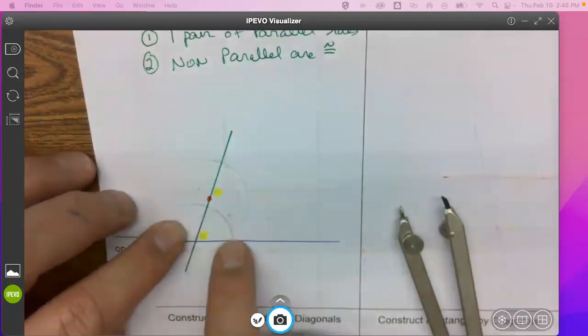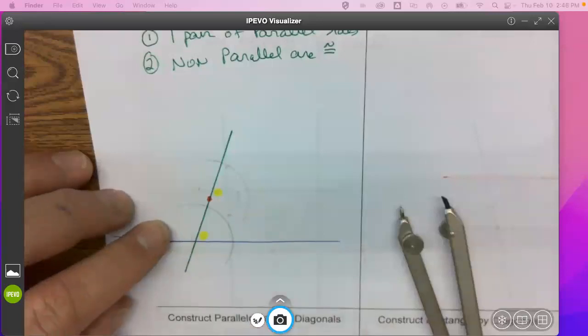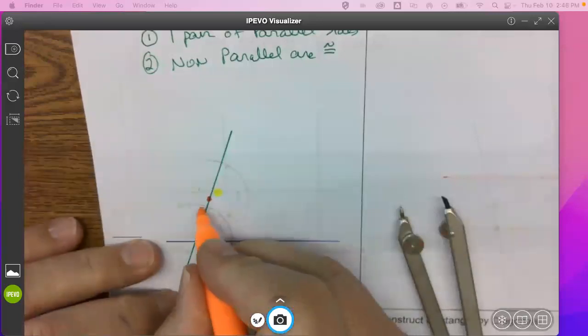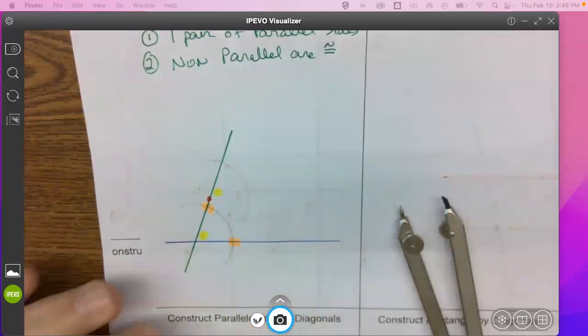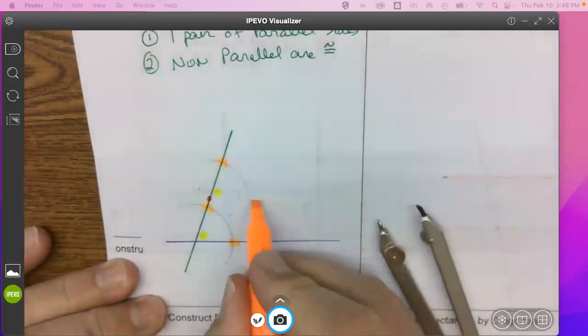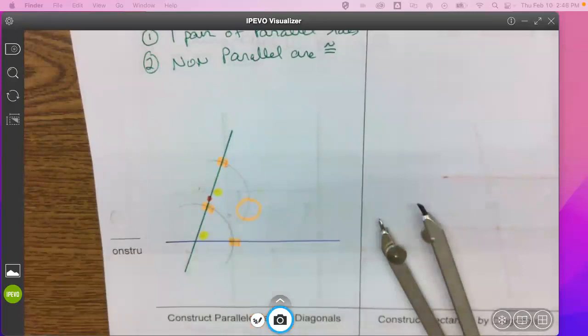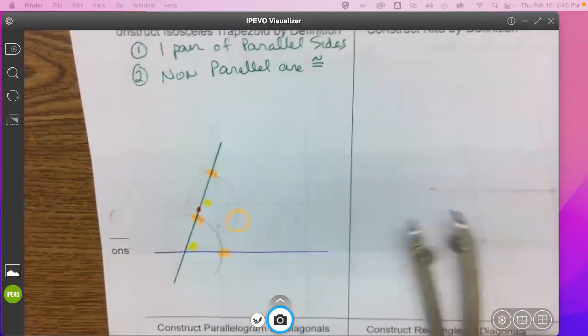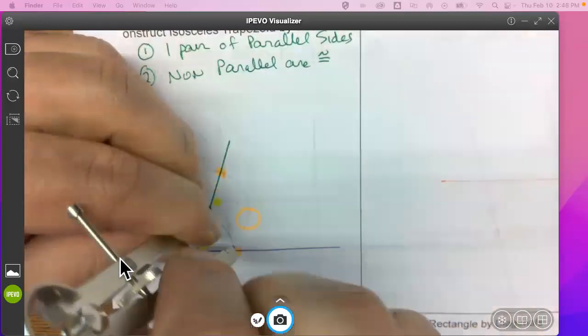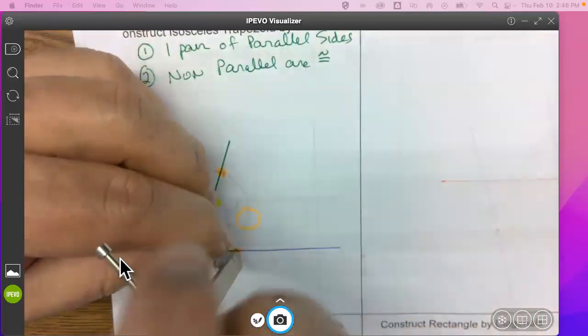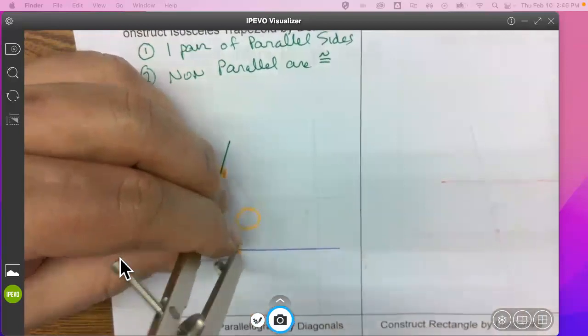Now I have to figure out how wide this mouth is. So what I'm really doing is I'm measuring from this point of intersection to this point of intersection. I'll copy it up to here and figure out where it's supposed to be there. So I'll put it on the point of intersection here, adjust my compass until it goes right through that point.